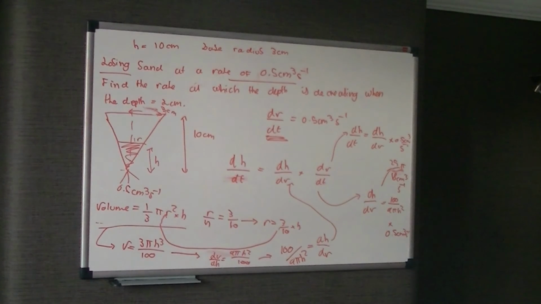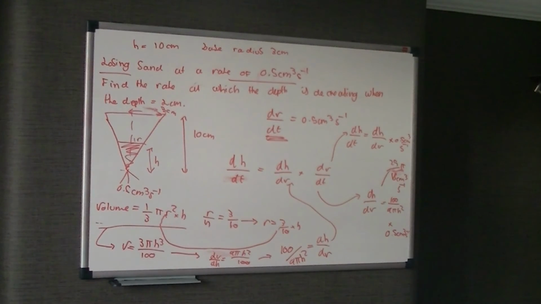So hopefully that explained where we got that from, and then we simplified it, put the volume in, and used similar shapes. We can't do dh by dv, but we can do dv by dh, but to do dv by dh we needed just one factor in there, and we had two original factors, r and h.